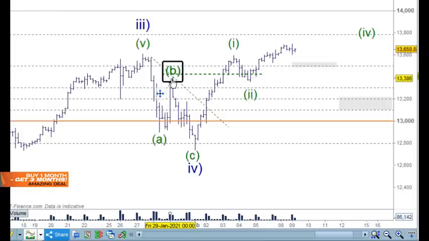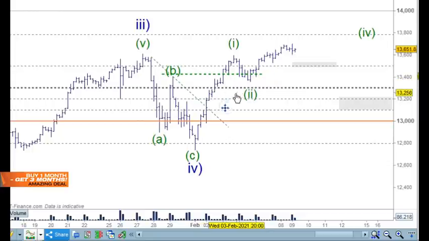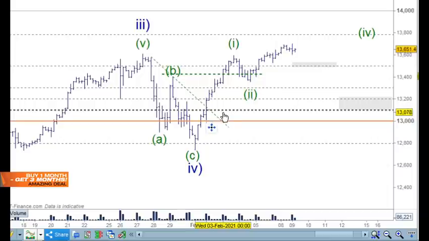What that does is that tells us that this move down through here is an A and a B and a C wave here. So once it takes that high out there, it confirms that that's the B wave there. Obviously, you can move in at that point, but we have trades on earlier, smaller degree structures that have gotten us in, I think, lower into this space here. So there's different entries that you could have been in.